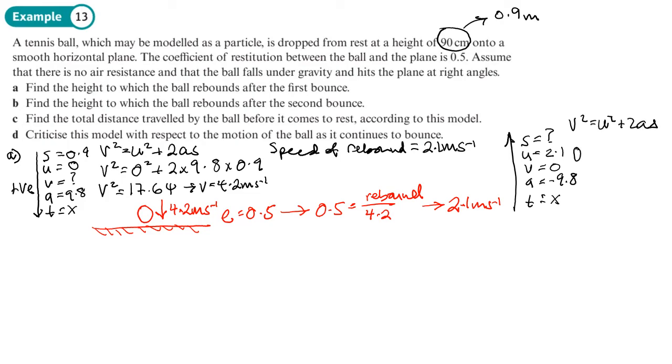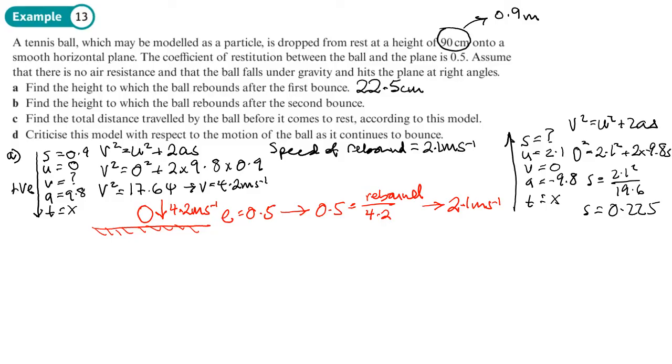So that's going to be 0 squared equals 2.1 squared plus 2 times negative 9.8 S, which means S is 2.1 squared divided by 19.6, and we get 0.225. So after the first bounce, it will reach a height of 22.5 centimeters.